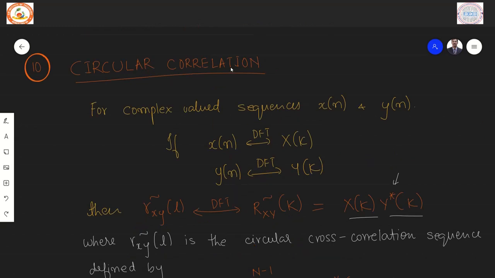The next property is called circular correlation. Correlation is a sort of comparison between two sequences. Here we perform the operation circularly.